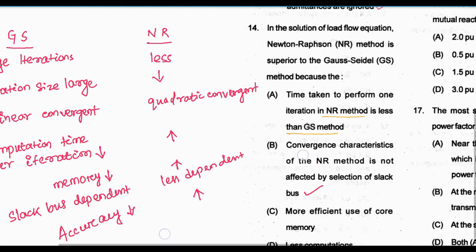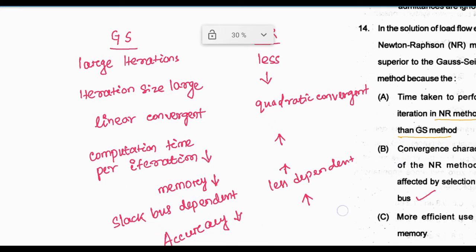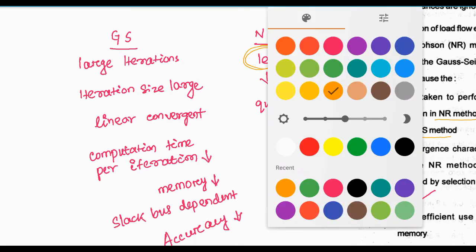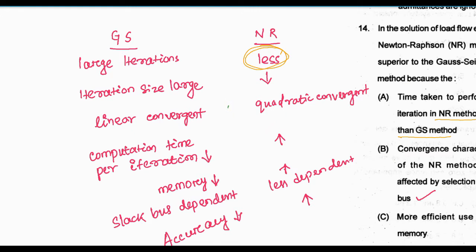So here are the differences. I have noted down the differences between Gauss-Seidel and Newton-Raphson. First, in the case of Gauss-Seidel method, a large number of iterations is required in comparison to Newton-Raphson, where fewer iterations are required. In Gauss-Seidel, each iteration has a large size, but in Newton-Raphson the size is less.